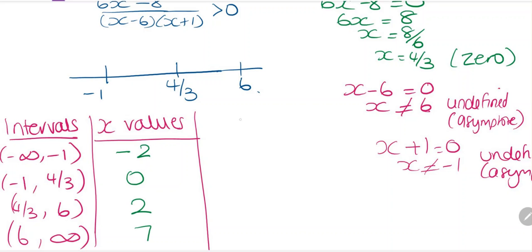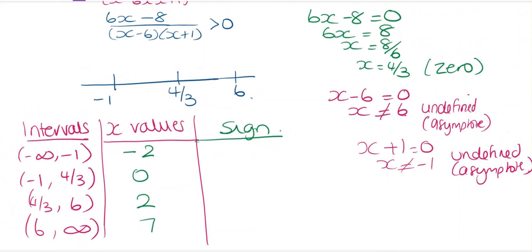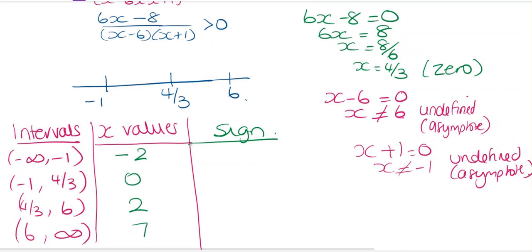So now we're going to have a look to see what the sign is going to be. So if I put in my value, let's just rewrite, look at this by here. So we've got minus 2.